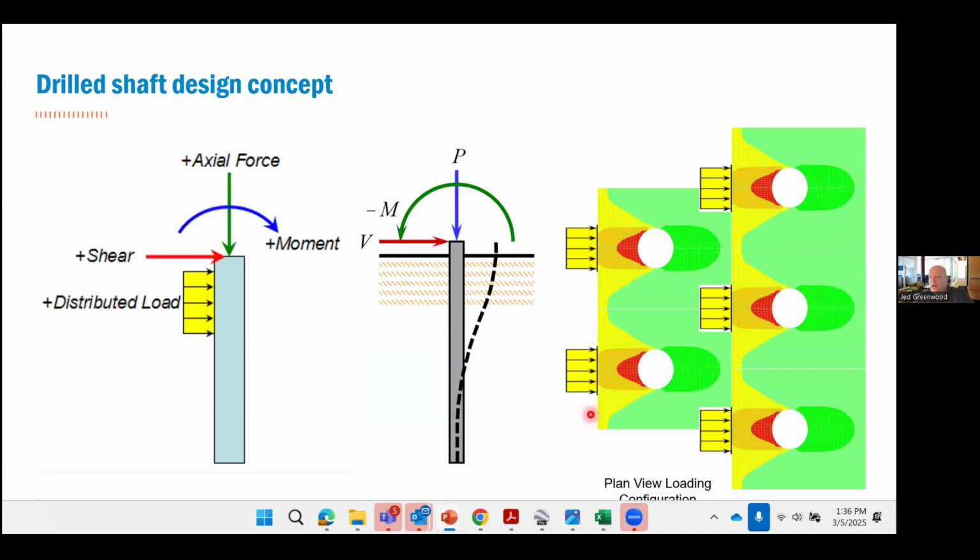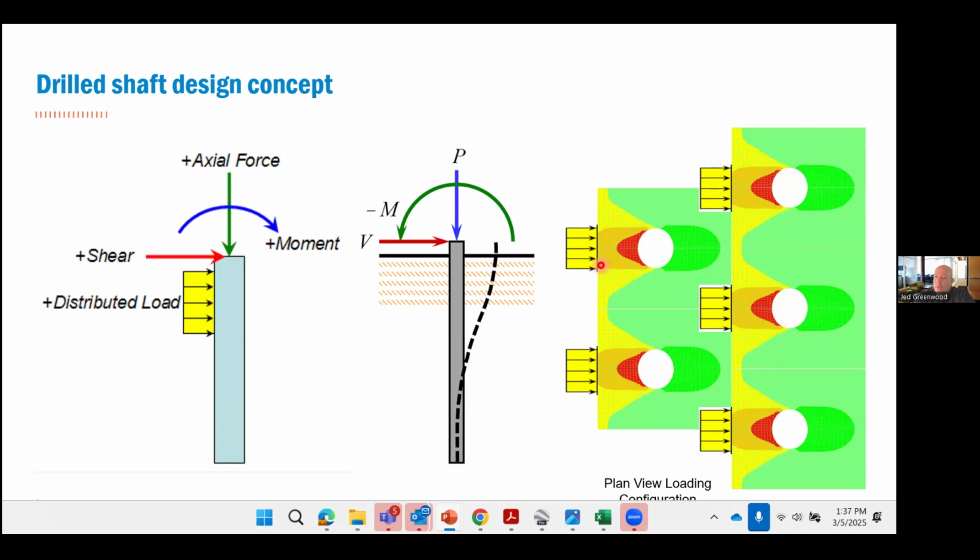The drilled shaft design concept: we have a distributed load on the piles from the moving landslide. That applies a moment to them. There's an axial force, although the axial force is quite small. And the layout looks something like this, where you have some arching going on in between the piles in plan view.